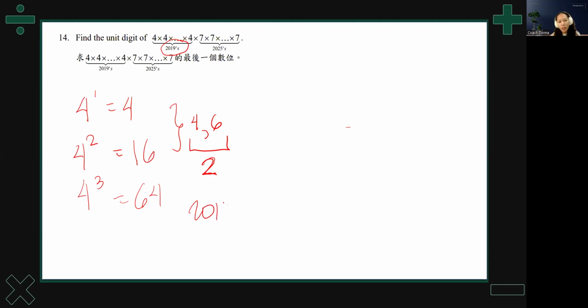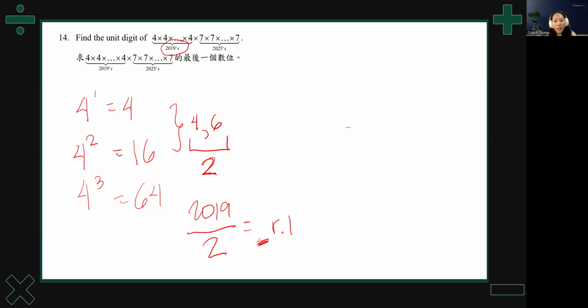But we're going to multiply it 2019 times. So we divide 2019 by 2 so that we'll know which of the two we end up with. It's not even, it has a remainder of 1. What we want here is the remainder, not necessarily the whole number.